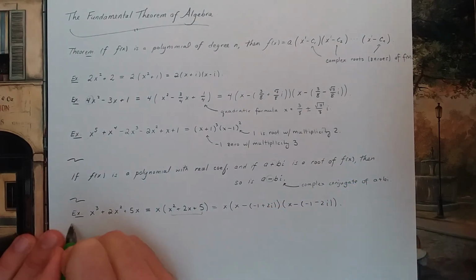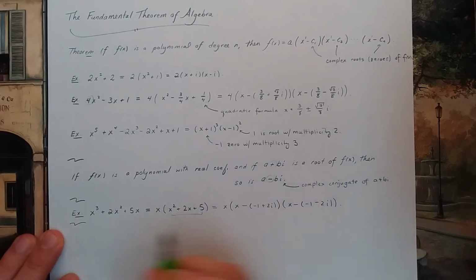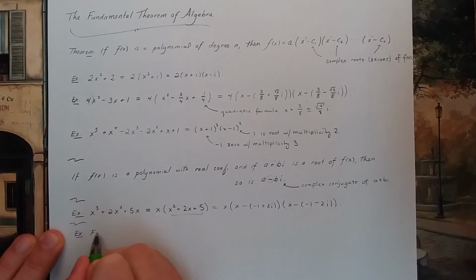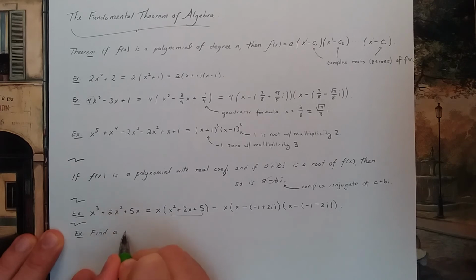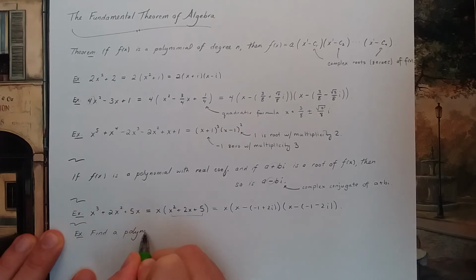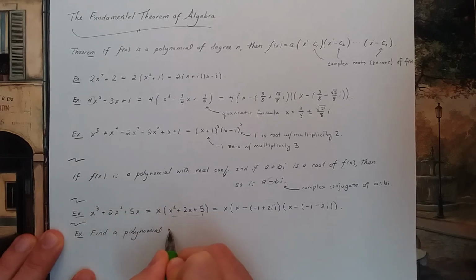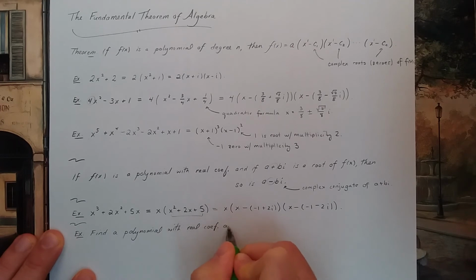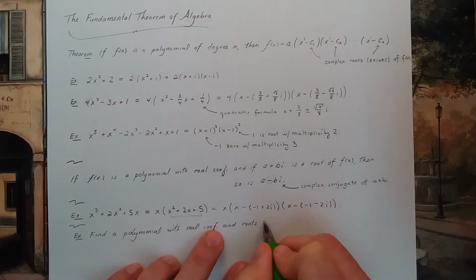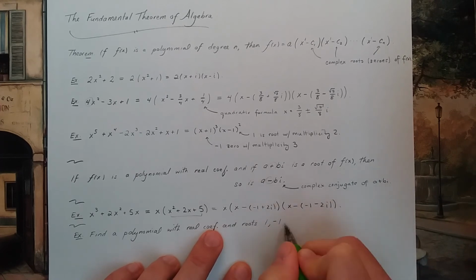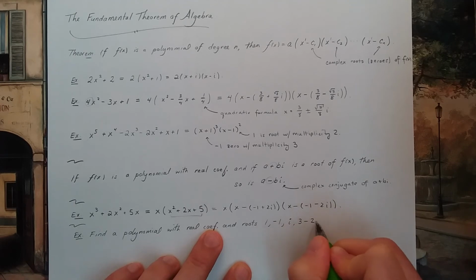Let's finish this video with one other example. How about if I asked you to find a polynomial with real coefficients and roots or zeros given by 1, negative 1, i, and let's say 3 minus 2i.